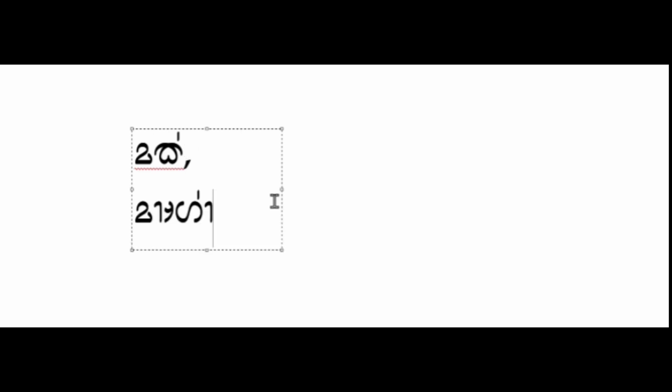In all the other cases, only a line above the letter will come, like Marka, some random letters I am taking. Rka, Rka, Margo, like this only we will write.